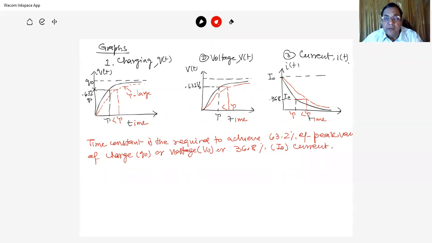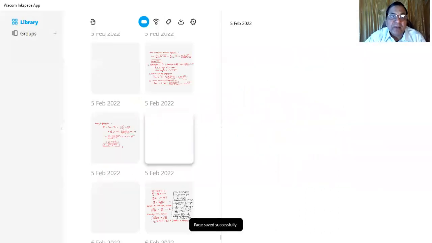I0 is current. So the charging concept is discussed in this way.